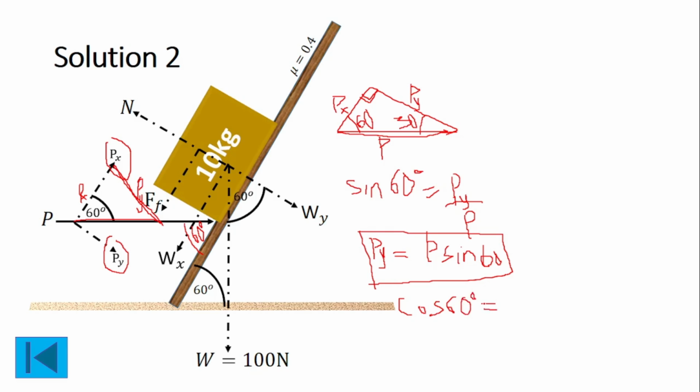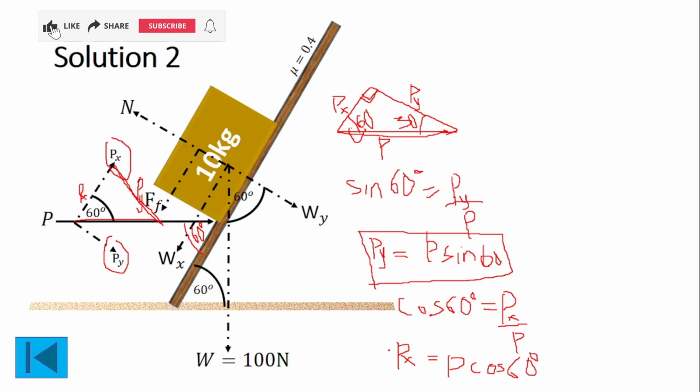If you look at cos 60, that will be the side adjacent to this angle, which is P sub x, over the hypotenuse, which is P. So automatically, that means P sub x equals P cos 60 degrees.